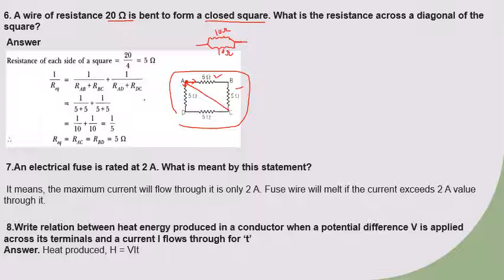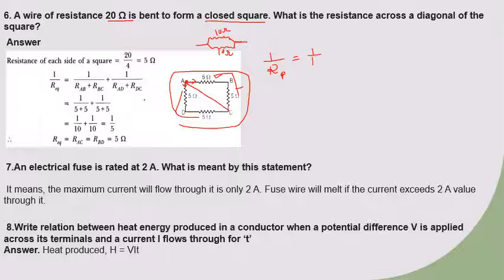So 10 ohm and 10 ohm are now in parallel. You are going to add these two and these two, 1 upon 10, 1 upon 10. We know that the equivalent resistance in a parallel connection is 1 upon Rp.